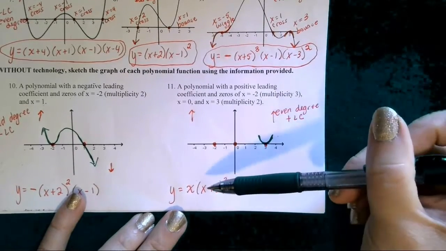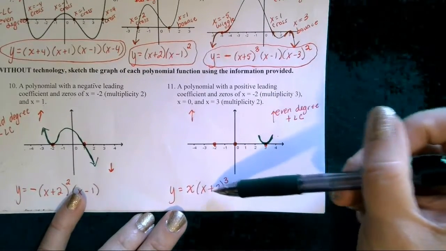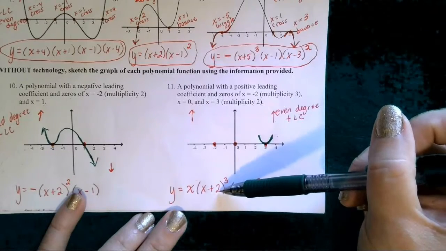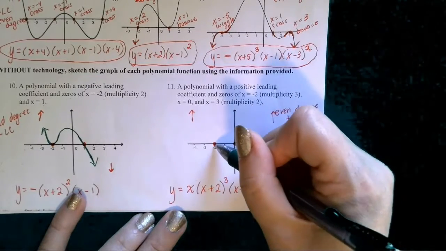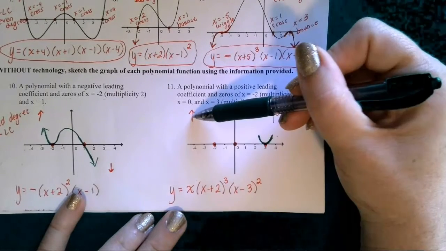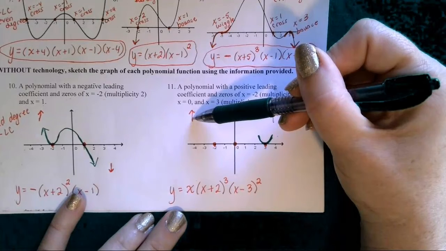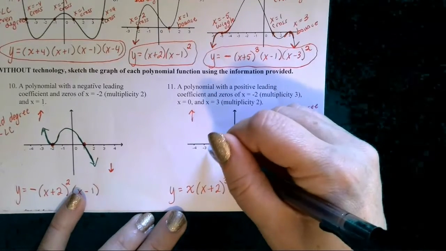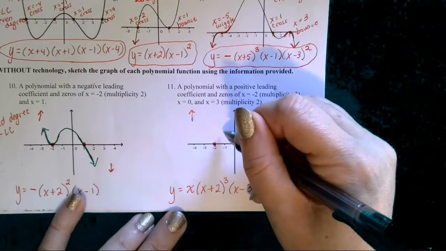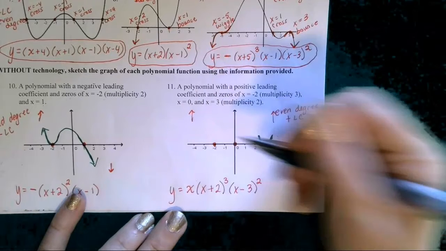Okay, then my wiggle here at x plus 2 to the third power, that wiggle has to join up with this end that's pointing up on the left. And that means I can't wiggle this way through the zero, right? Because then it wouldn't join up.